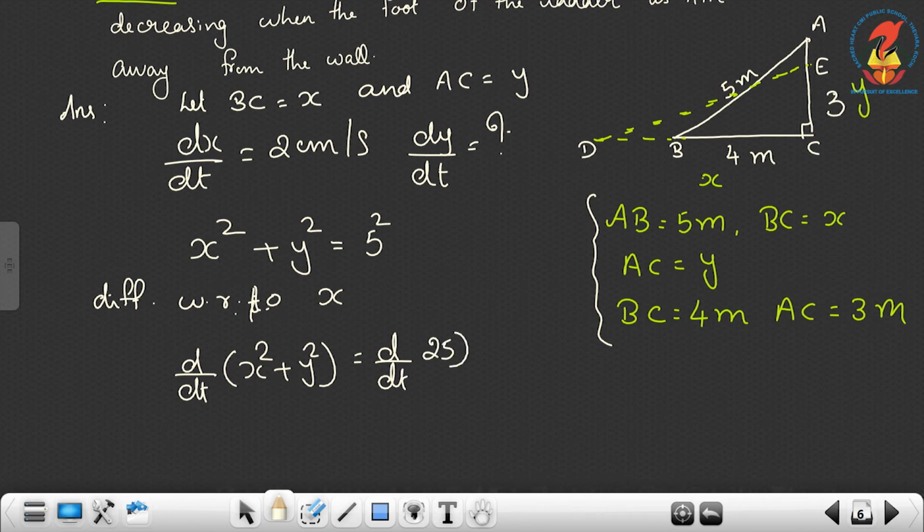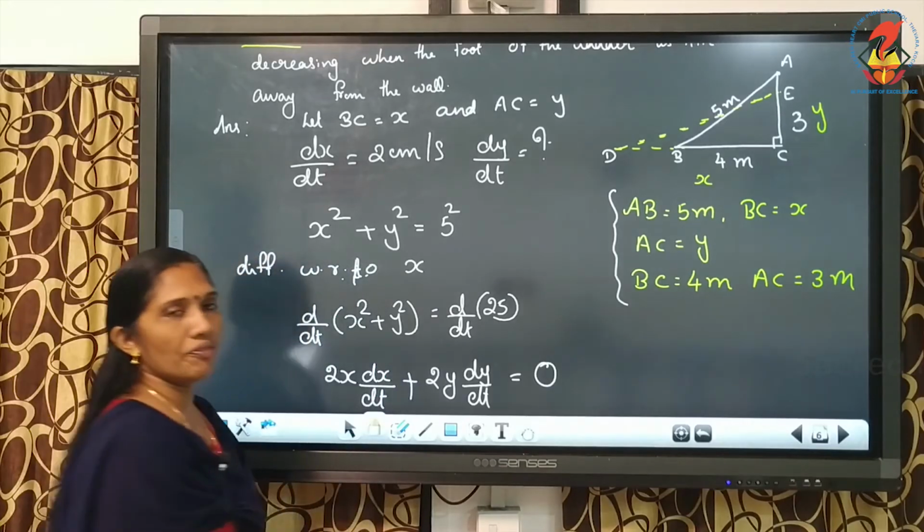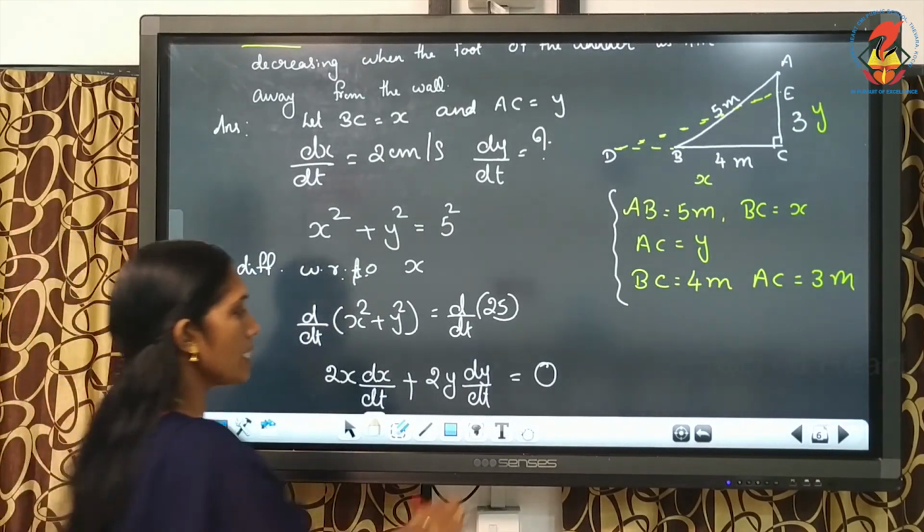So x square derivative is 2x, then with respect to time means you have to write dx by dt, plus y square derivative is 2y, and again you have to write dy by dt since we are differentiating with respect to time, is equal to 0. 25 is a constant, its derivative is 0.